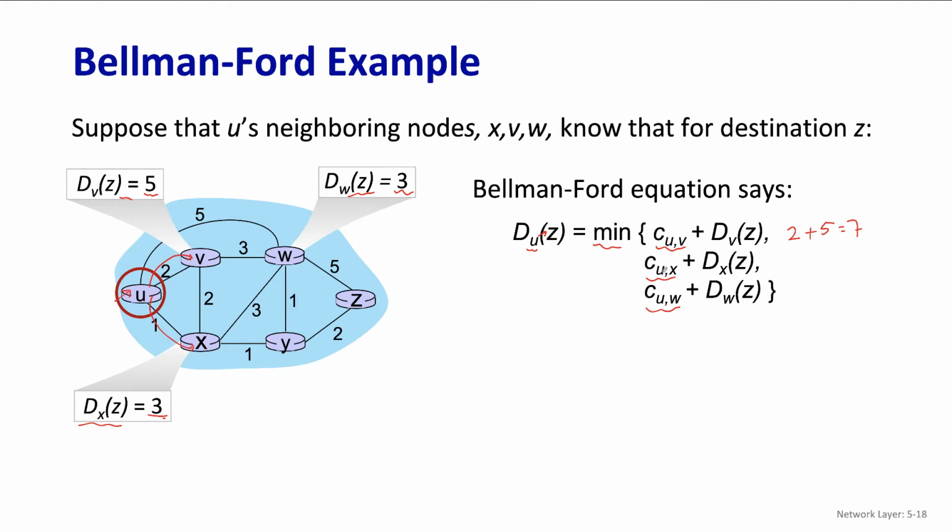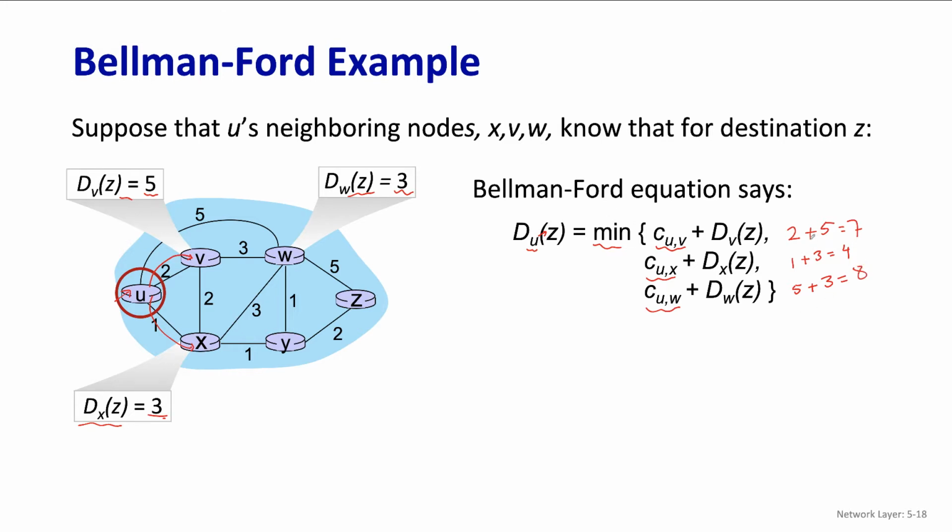Now, let's go to the second one. From u to x, the cost is 1, and from x to z is already 3, so it's 4. Now, from u to w is 5, and from w to z is already calculated, which is 3. So at this point, it's 8.